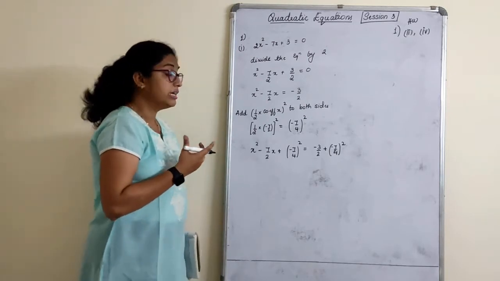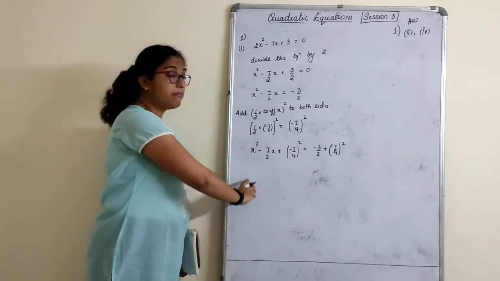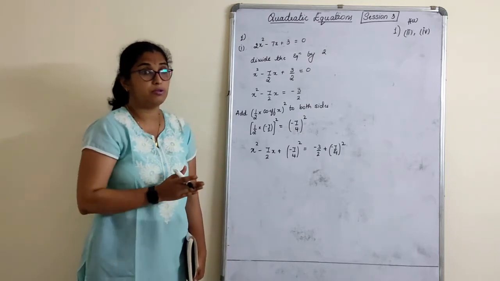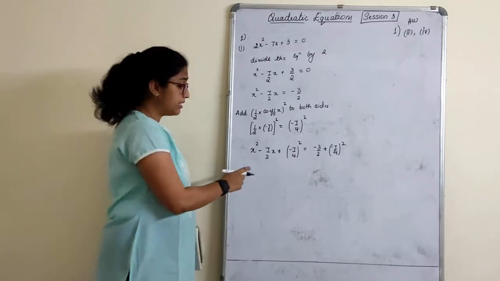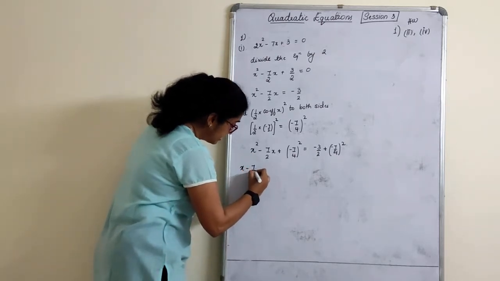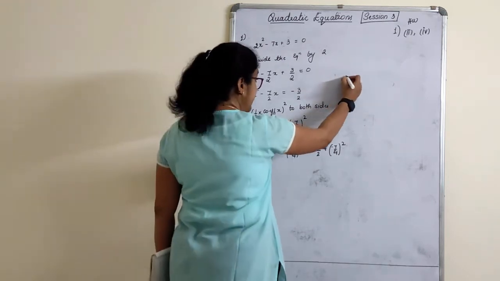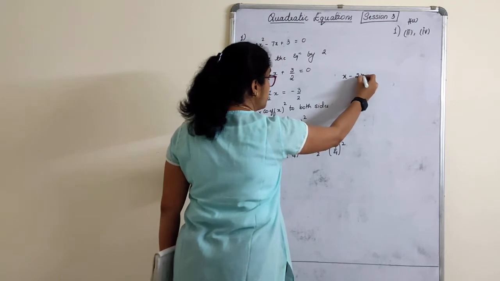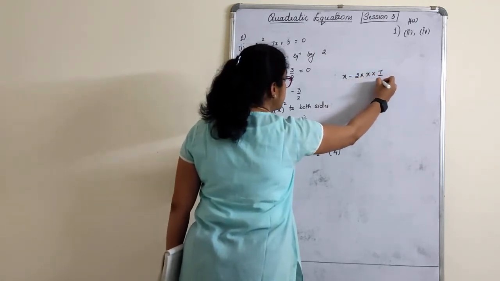I have told you my LHS will always be in the form of either a minus b whole square or a plus b whole square. Now how do we know if it is minus or plus based on 2ab? So this is in the form of x minus 7 by 4 whole square. Why? Let us see. a square minus 2 into a into b, where b is 7 by 4.